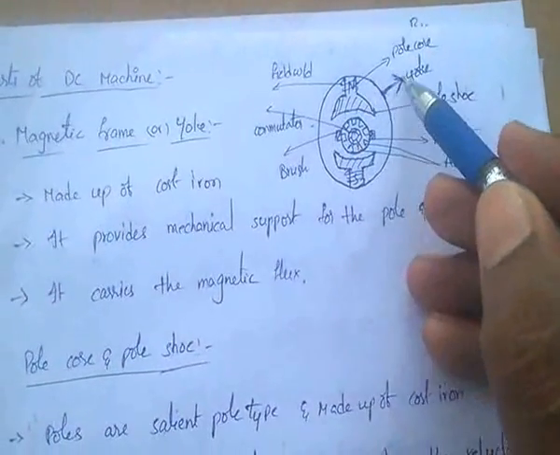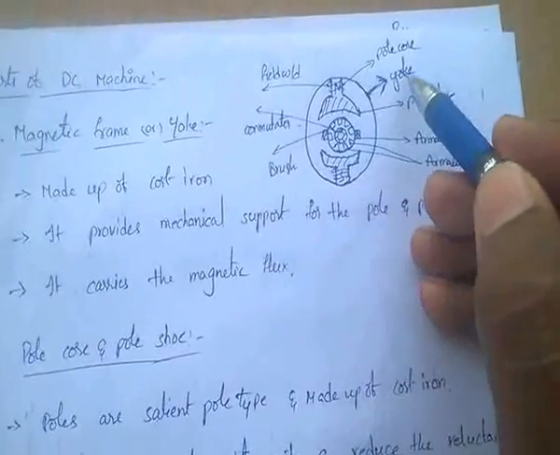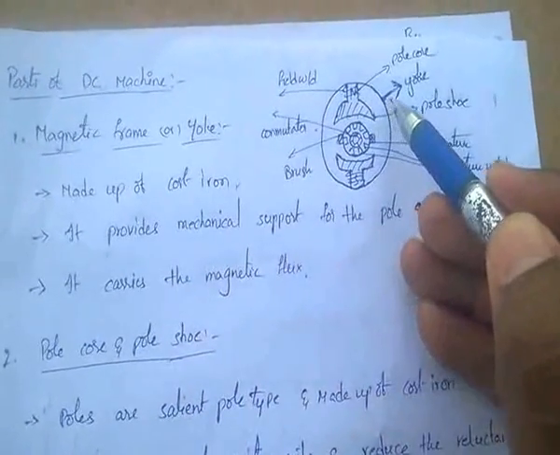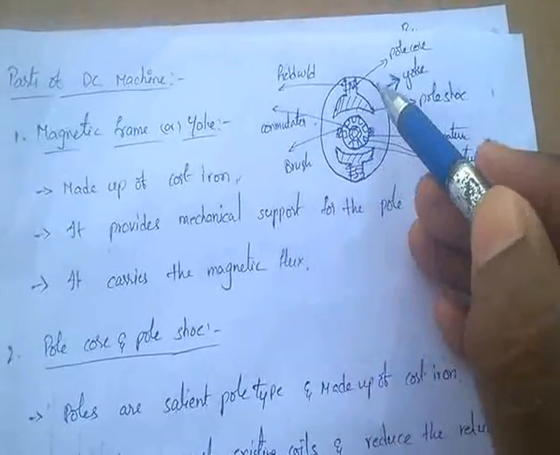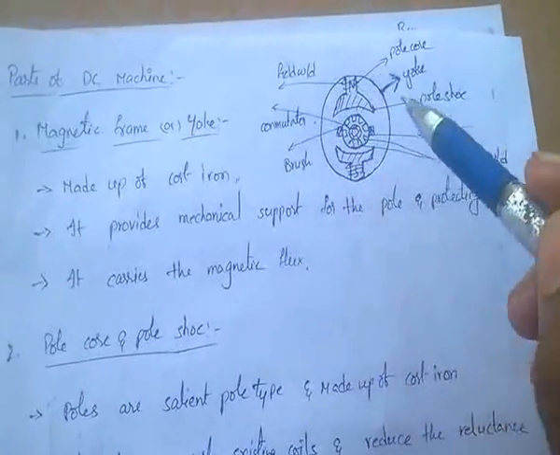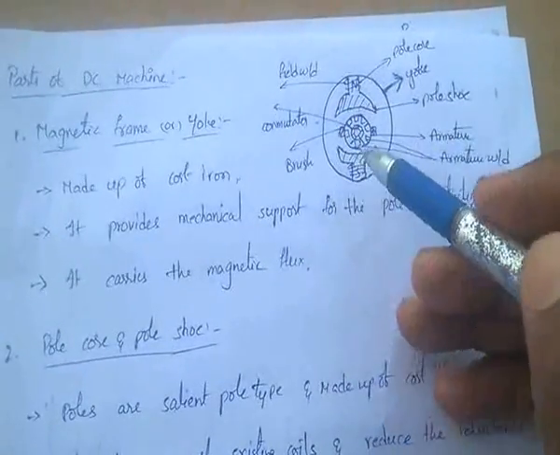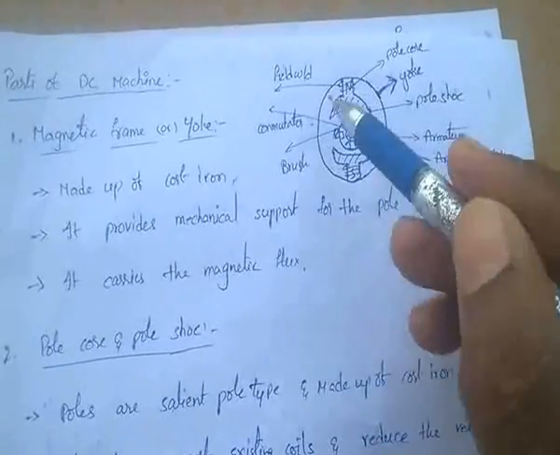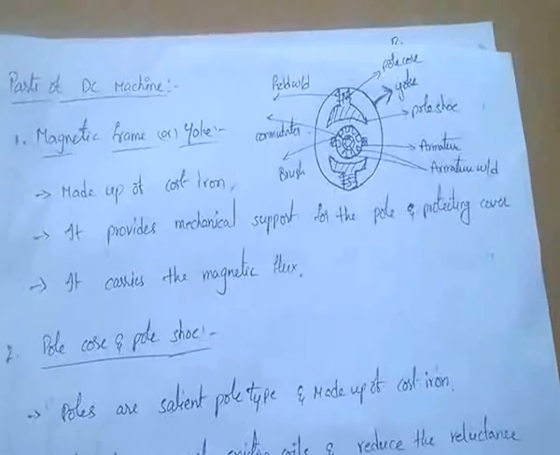This yoke is the outermost part. It is made up of cast iron. The purpose of this yoke is that it provides mechanical support for the poles, and it is used as a protecting cover.